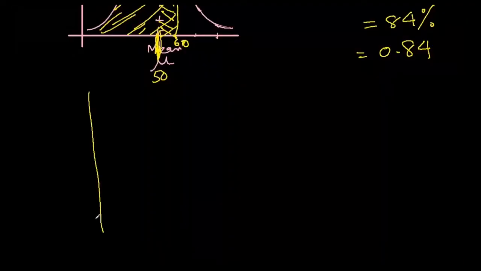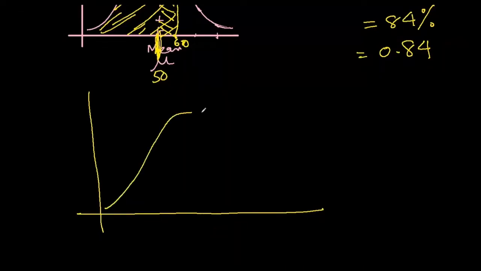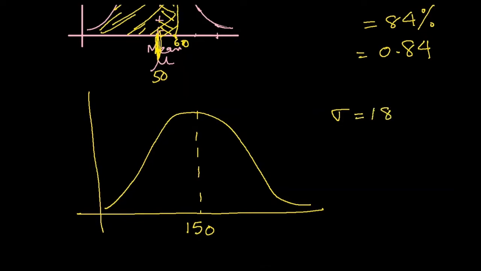This is a normal distribution curve. The mean is, say, 150. The standard deviation is, let's say, 18. Okay, so I want to find the probability at a random number.